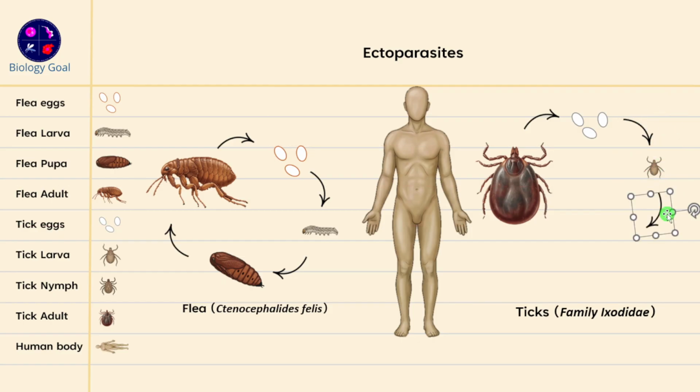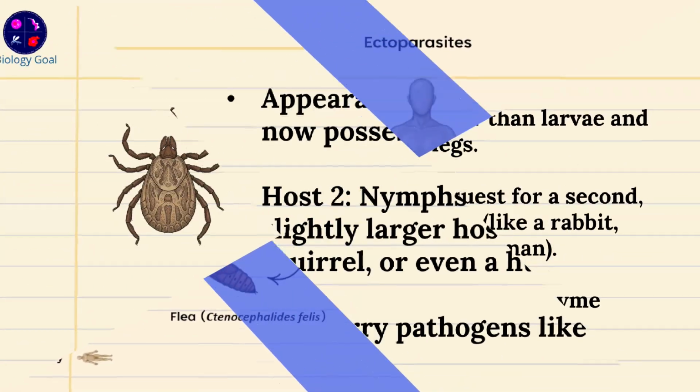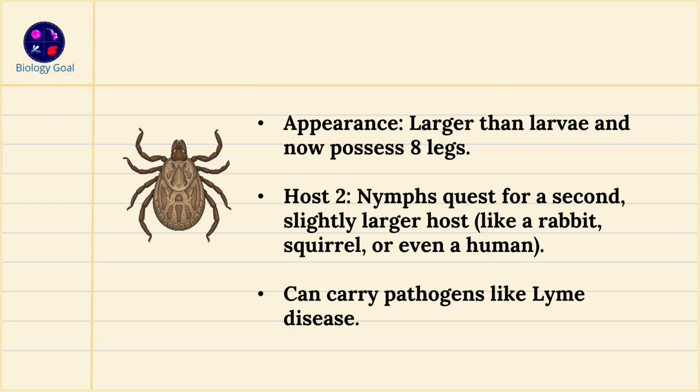Okay, so now let's talk about the nymph stage. Let me move the arrow right over here. So this is the larval stage, and the nymph stage. Nymph stage is actually looking almost like the adult stage, but the size is smaller. It will have now 8 legs, 4 pairs of legs. In this case, we'll have a different host. Appearance will be very tiny but larger than the larva.